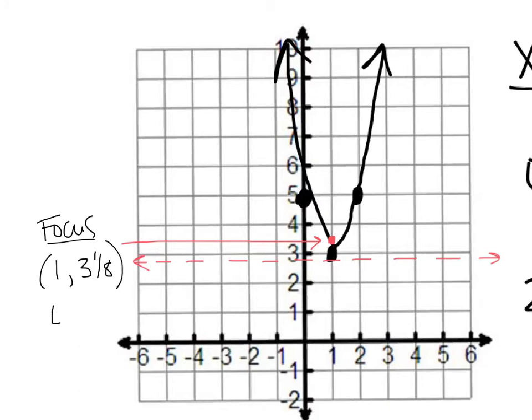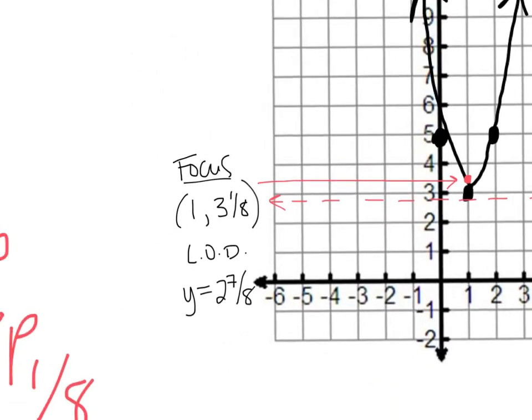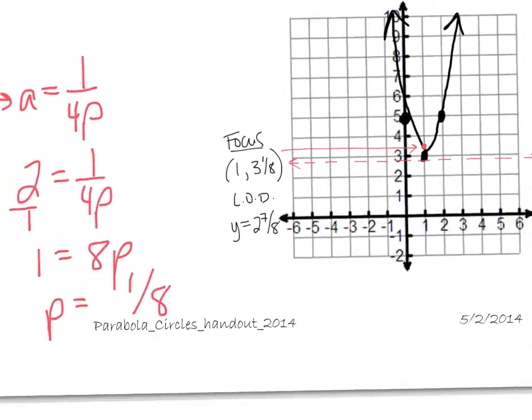So then let's do the line of directrix. It is a horizontal line, so it's y equals. And it doesn't go through 3, it's right underneath 3. And remember, that space is that p-value, that's what we found. The p-value is 1/8. So what's 3 minus 1/8? Well, it's 2 7/8. So you're going to have a lot of fractions for this section, so just get used to that.